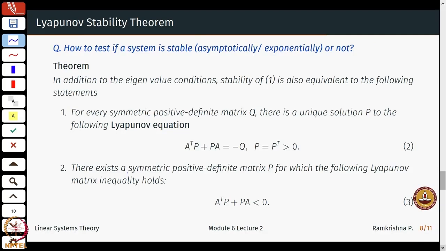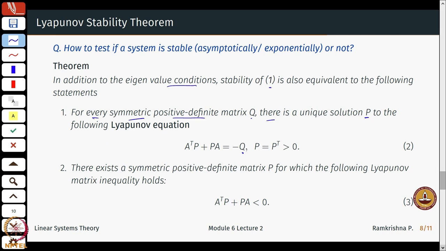So, these are two nice looking conditions that, in addition to those eigenvalue conditions, stability of the LTI system is also equivalent to saying the following: for every symmetric positive definite matrix Q, stability would mean that there exists a unique solution P to the following Lyapunov equation.